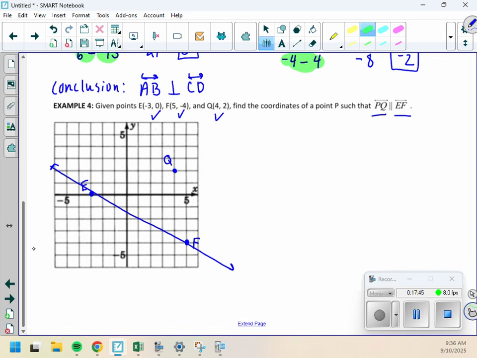Basic slope calculation shows that you rise 1, 2, 3, 4 units, and then you run to the left, 1, 2, 3, 4, 5, 6, 7, 8. You run to the left 8 units.